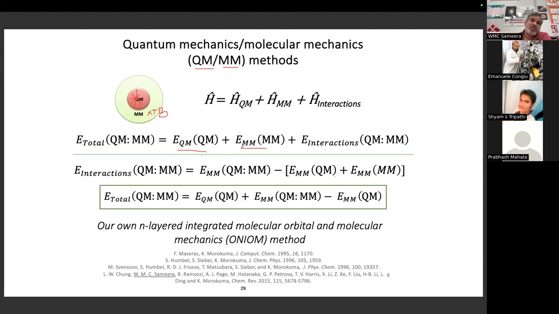Here you have the energy of the molecular mechanics region, the green part, and here you can see the energy of the interactions between this orange or red part and green part. So that's the interaction energy. So in this approach you can see simply an addition of different energy terms, and this approach is called additive QMMM.